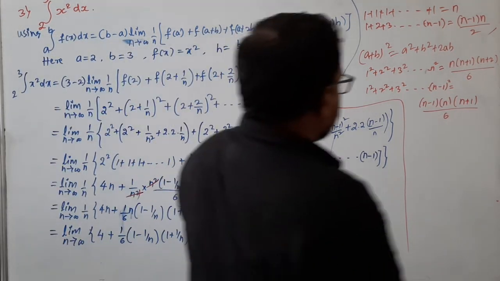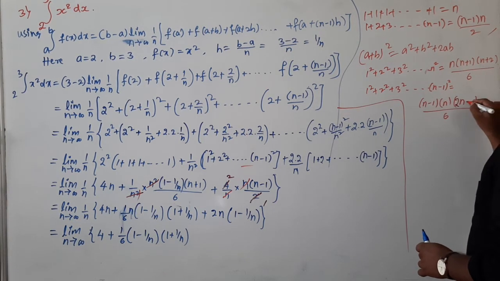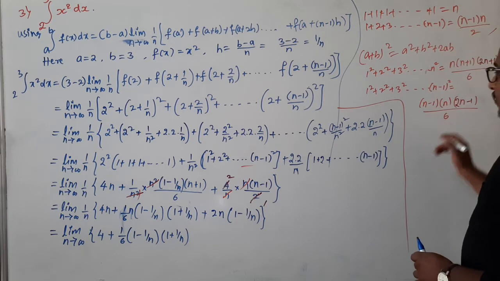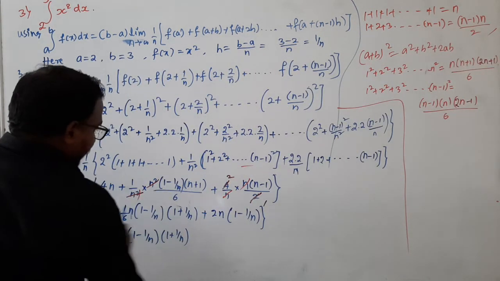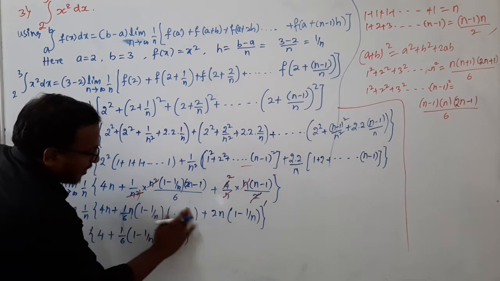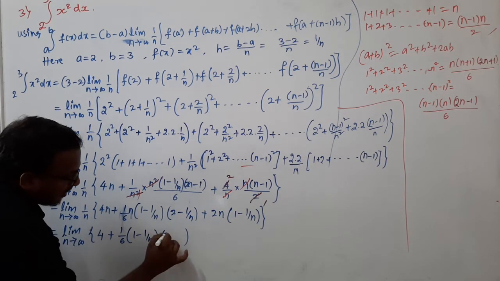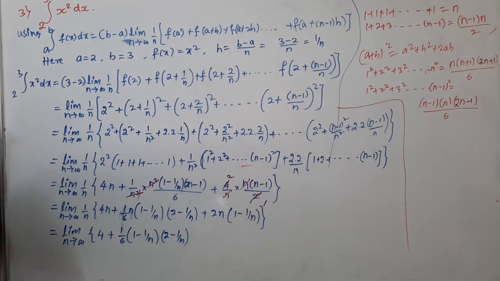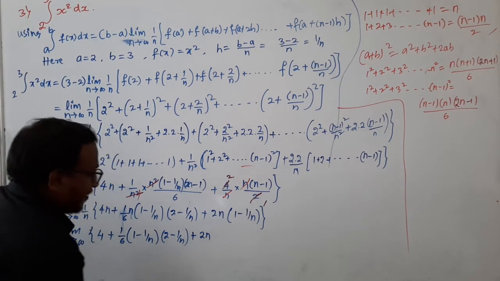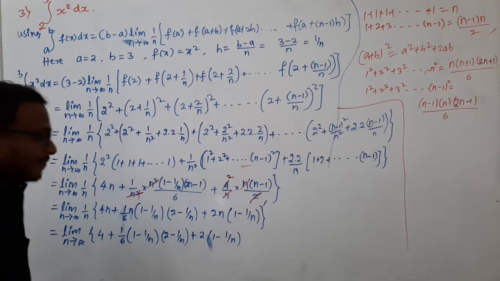Sorry, this is 2n plus 1, so here the equation will become 2 plus 1 by n. And plus 2 into 1 minus 1 by n, n will get cancelled.